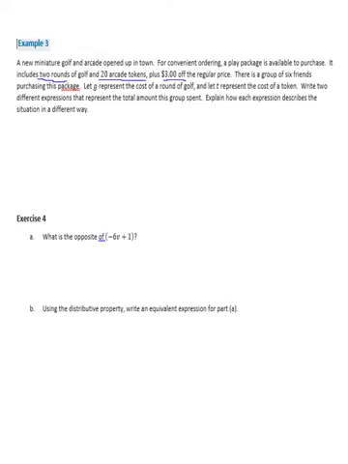We know that G is going to represent the cost of a round of golf. T will represent the cost of a token. And then we're going to write two different expressions. Oh, I see something else I missed. How many friends are going? We've got 6 friends that are going.